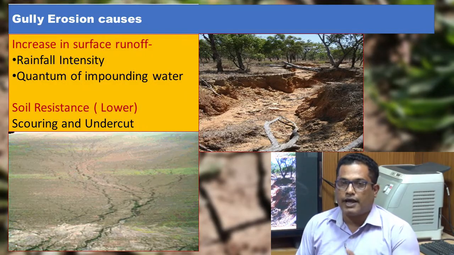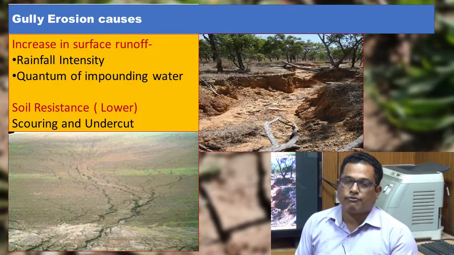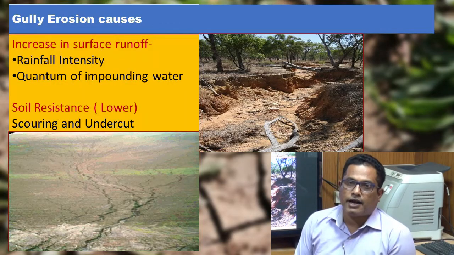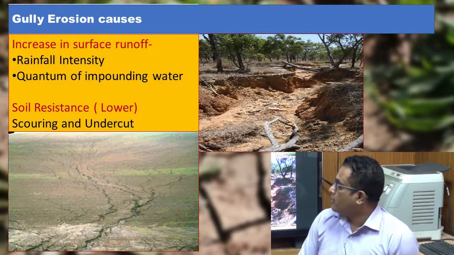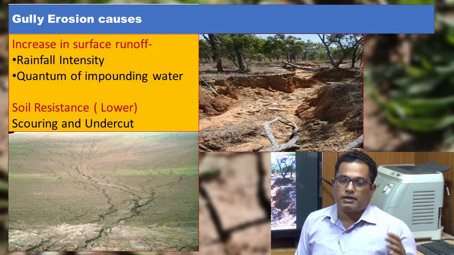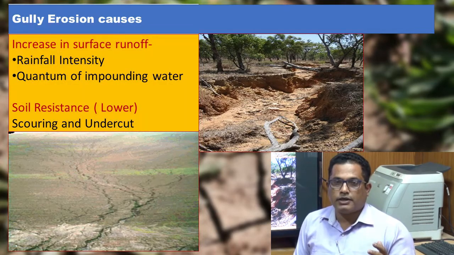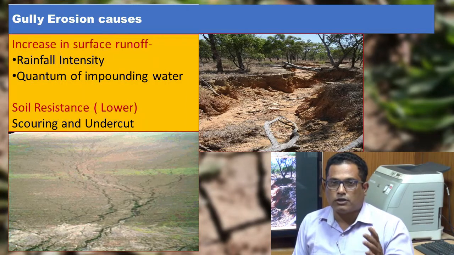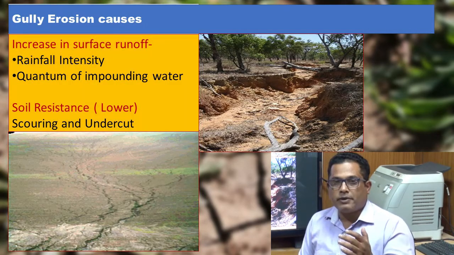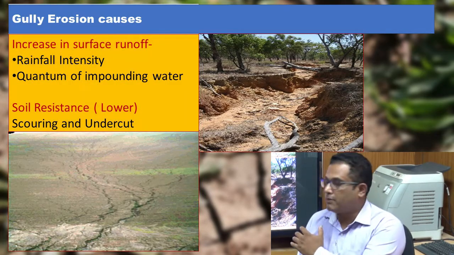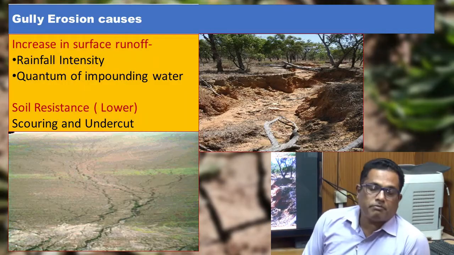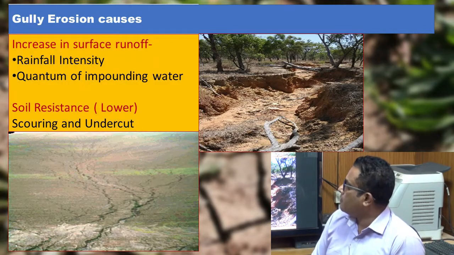The excess water will flow from the land surface as surface runoff due to the existing land topography. This surface runoff will take away the nutritive topmost soil, or the loosely bound soil, and carry it to some other place. That is one of the major reasons for gully erosion.